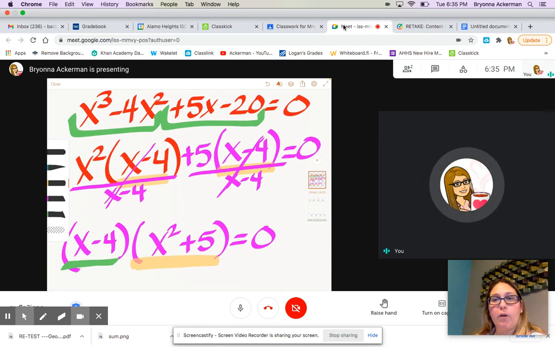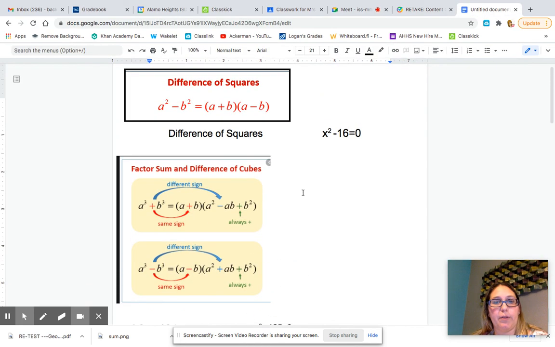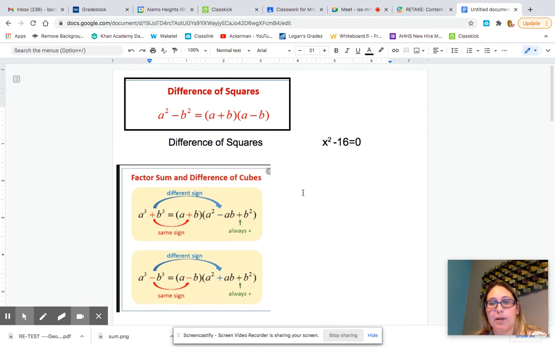So those are the different ways that we can factor. Again, it's very important that you write the rules down. You do not have to memorize them, but it'll help you identify which one to use. Okay, so we have difference of squares. It's when you can set it up with some sort of squared minus another sort of squared.